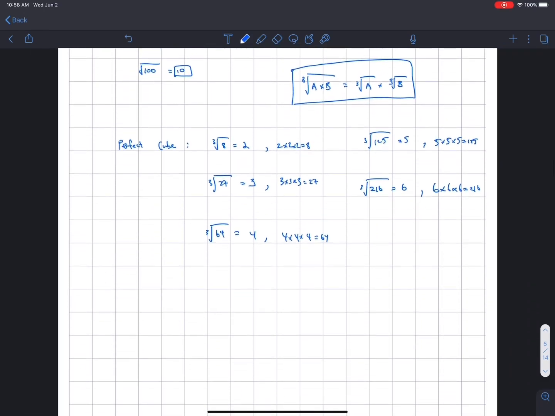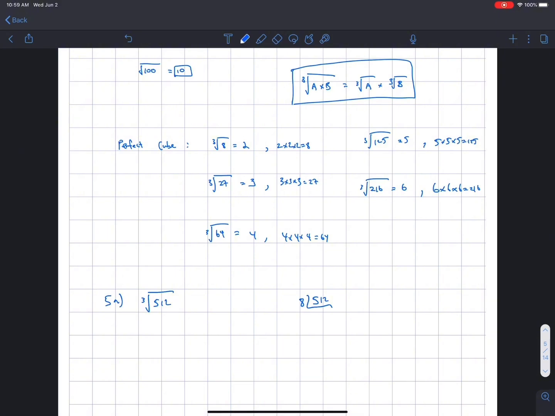So now that I know the first few perfect cubes up to 6, I can now attempt these problems. The cubic root of 512. So you see, all I'm doing is trying to divide this by 8, because 8 is one of the perfect cubes, right? You can use your calculator to help you.